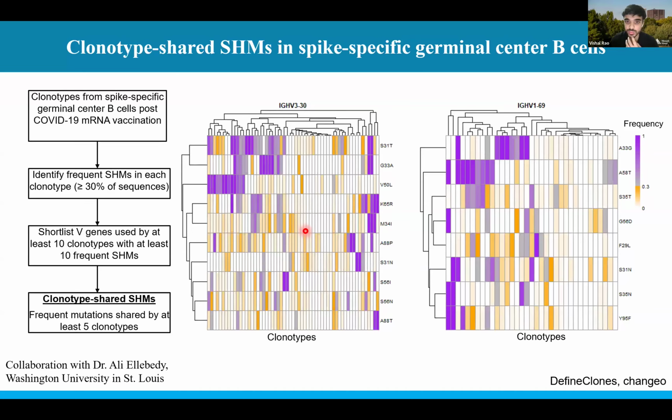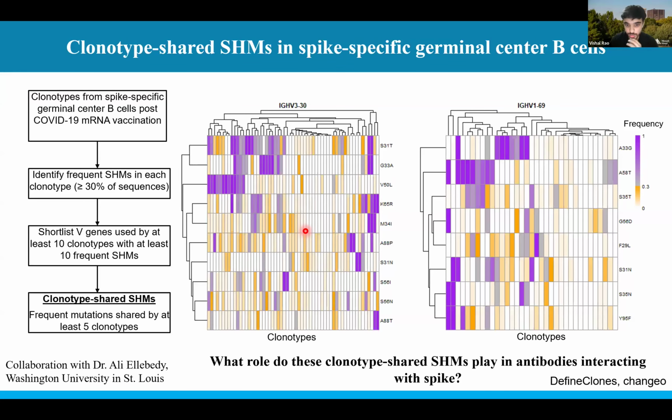So given these two V genes are so common in the repertoire, and we have so many SARS-CoV-2 antibodies documented in literature, we asked, given structures of these antibodies, can we look at what roles these mutations play in general when it comes to antigen-antibody interactions?